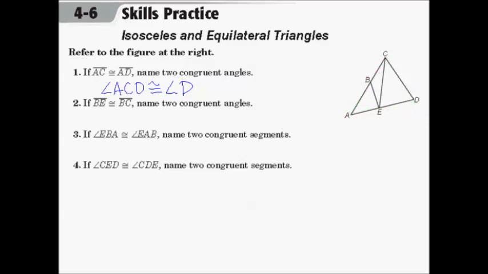So we've got now BE is congruent to BC. So we're talking about this triangle, the little triangle in the center. Across from BE is this angle. Across from BC is this angle. Now both of these I'm going to have to name with three letters. Or you can go through and number them if you want.